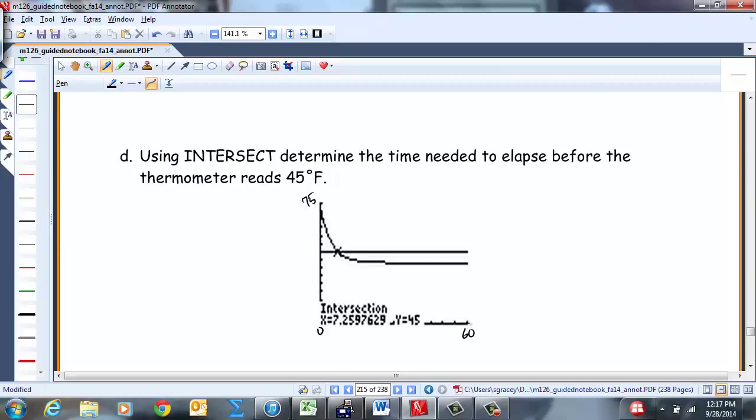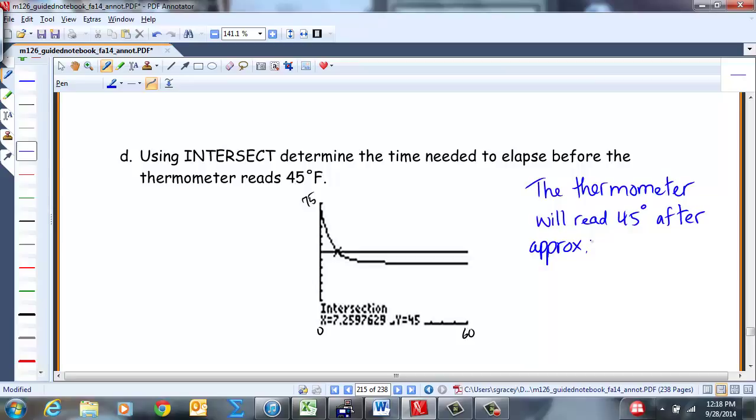So, the time needed to elapse before the thermometer reads 45 degrees: the thermometer will read 45 degrees after approximately how many minutes? Approximately 7.3 minutes have elapsed.